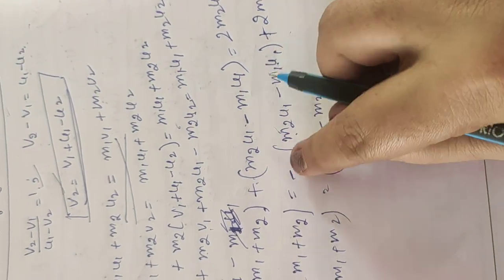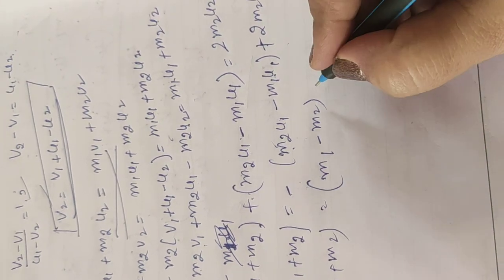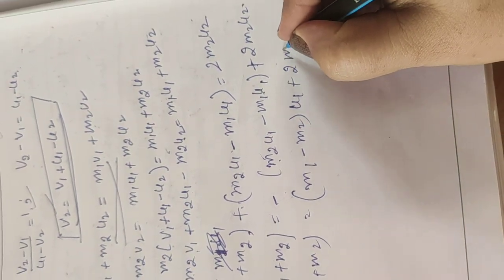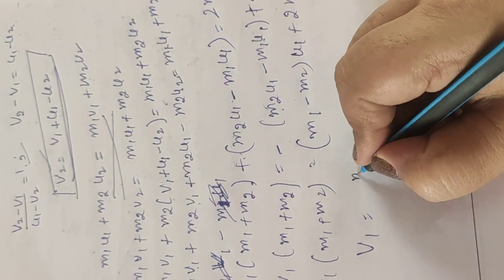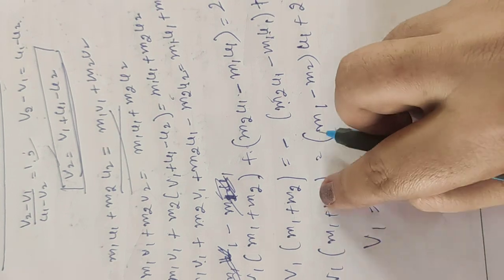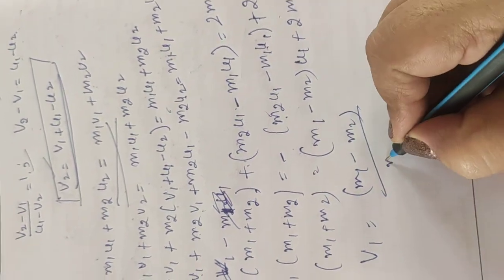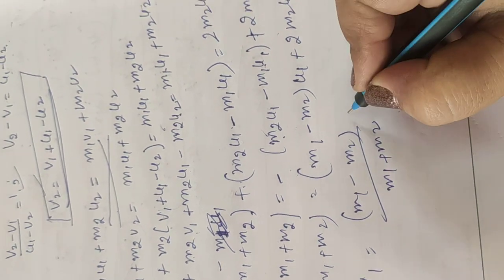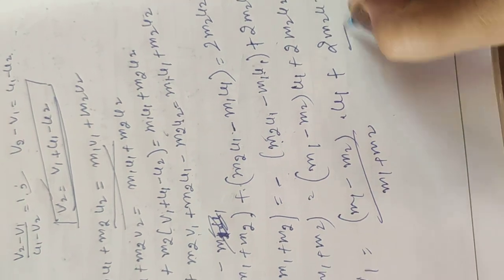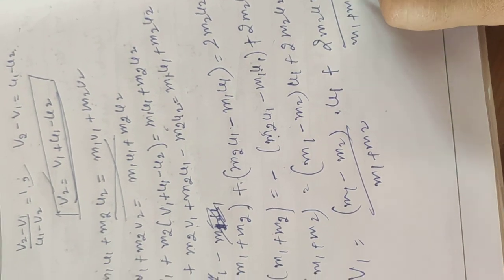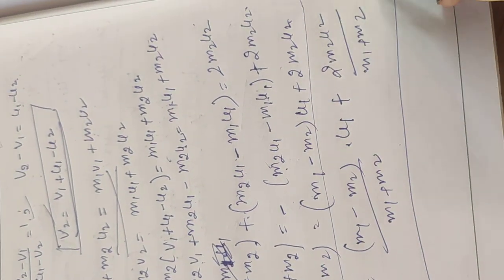So m1 becomes positive due to the negative sign and m2 becomes negative, so (m1 minus m2) u1 plus 2m2 u2. Now v1 can be calculated from this equation. Dividing both sides by m1 plus m2, we get (m1 minus m2) divided by (m1 plus m2) into u1 plus 2m2 u2 divided by (m1 plus m2). Hence the value of v1 is calculated.